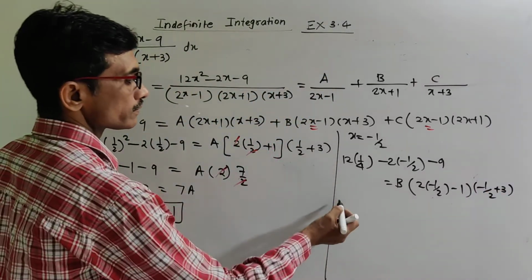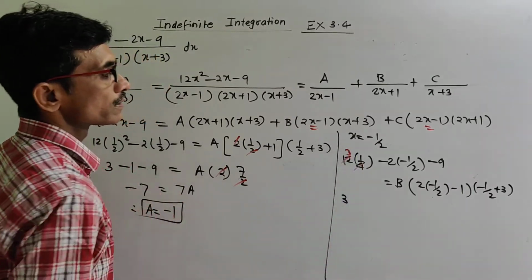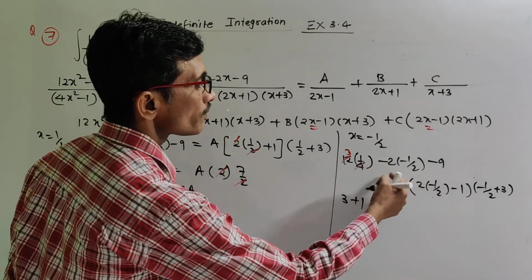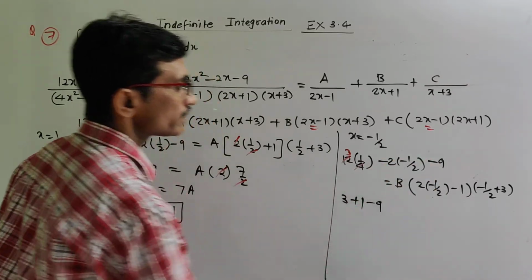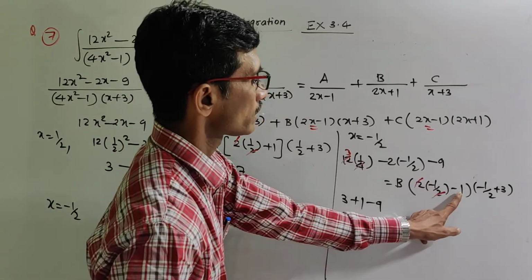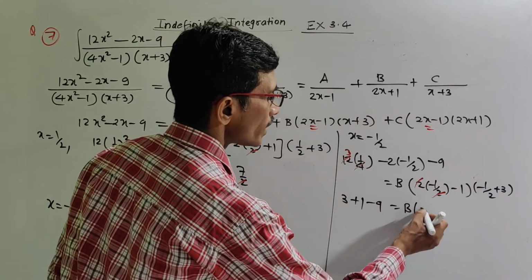This is 3, cancelling this, here plus 1 minus of -9, and this is cancelled, -1 -2. So b into -2.